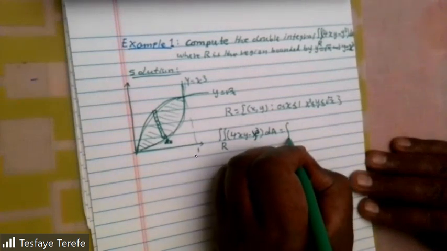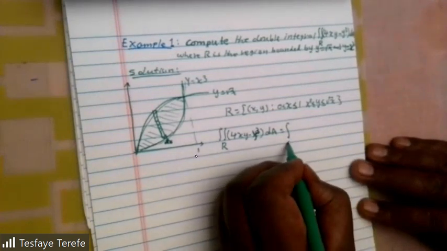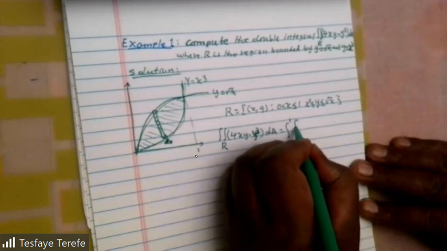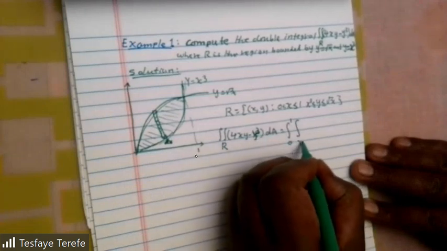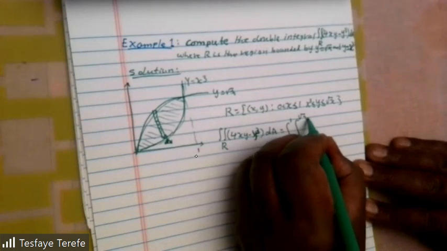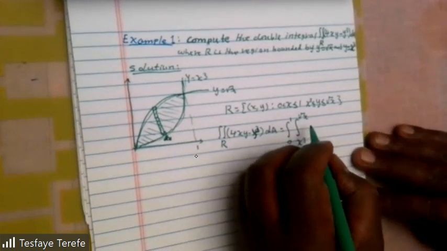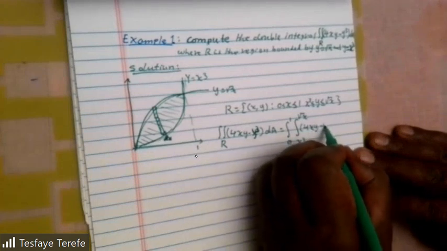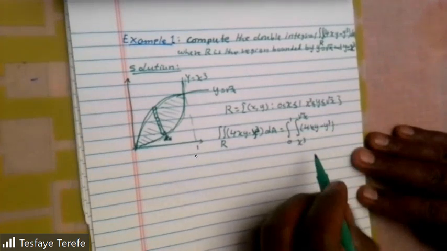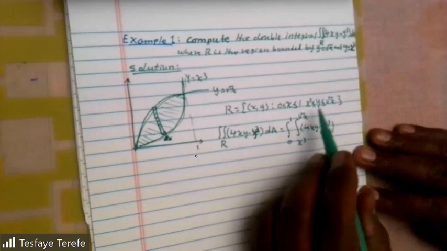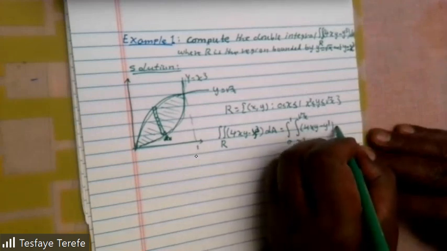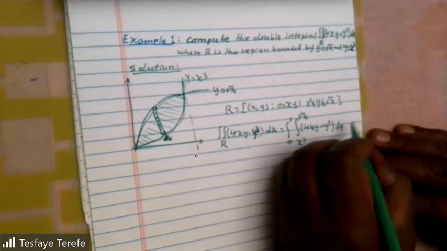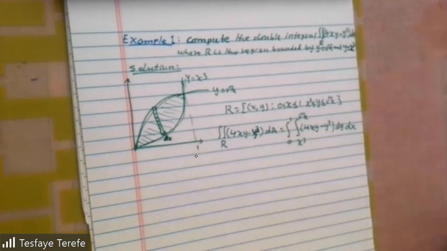Always the constants go on the outside, from 0 to 1, and the variable is inside, from x cubed up to square root of x, and the integrand is xy minus y cubed. The internal variable of integration is y, so dy, and the external is dx. And we are good to go.